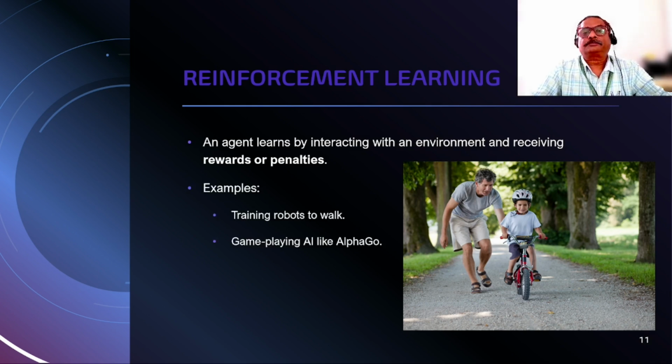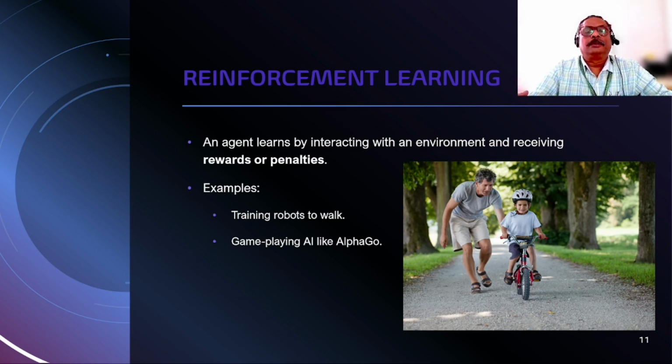In machine learning, reinforcement learning can be used to make robots walk on their own. We train the robots to walk in the same way as we teach a child to ride a bike.